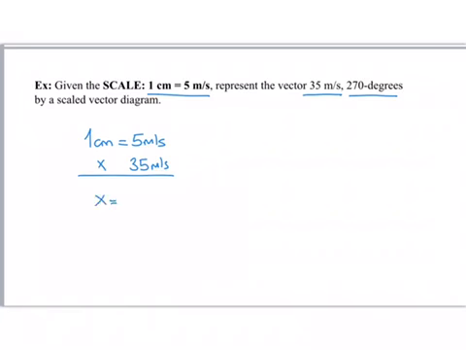The length of my vector will be equal to 7 centimeters. So I begin from the east and turn 270 degrees. So my direction is in the north direction. So I'm going to draw a 1, 2, 3, 4, 5, 6, 7 centimeter length, let's say this time a B vector.